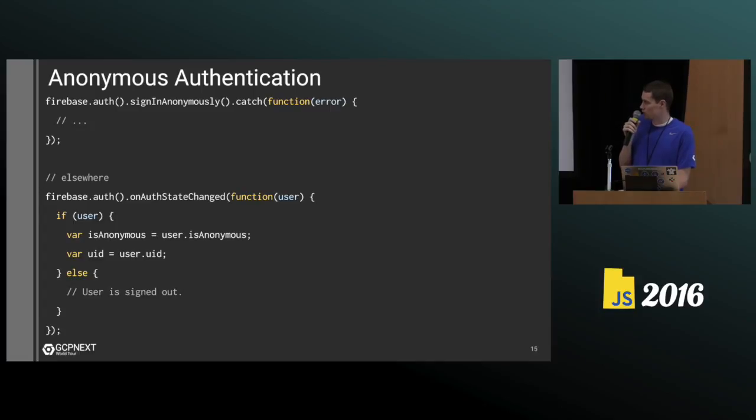Anonymous authentication allows you to at least track the users as they're visiting your application. And if they then convert to an actual user, Firebase can transfer anything you gather with the anonymous user into your actual user. It also handles letting users log in with multiple providers and resolving them to the single unique user.